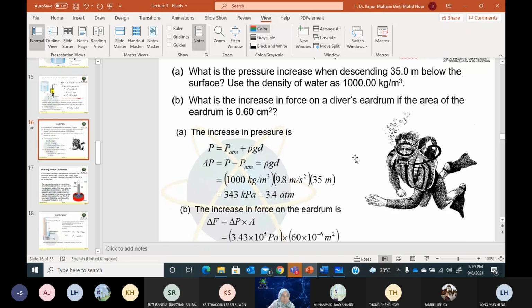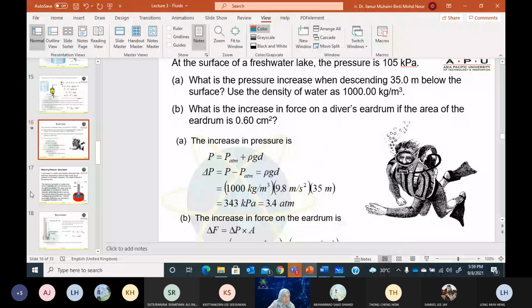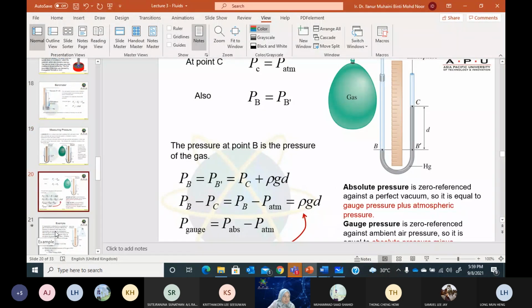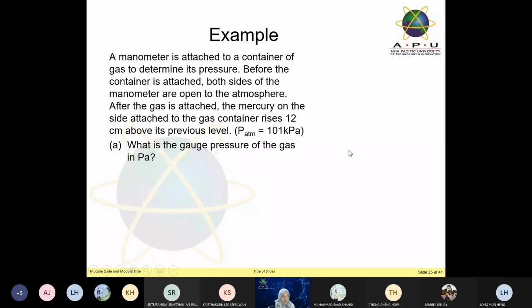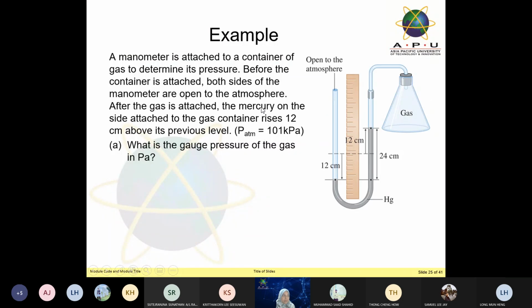If go down, okay. If go up, negative. This one rises up.